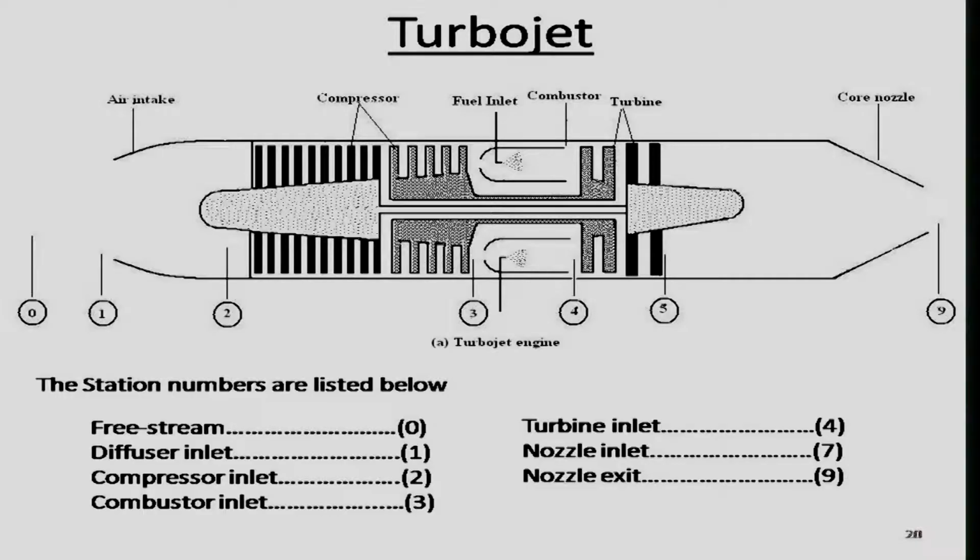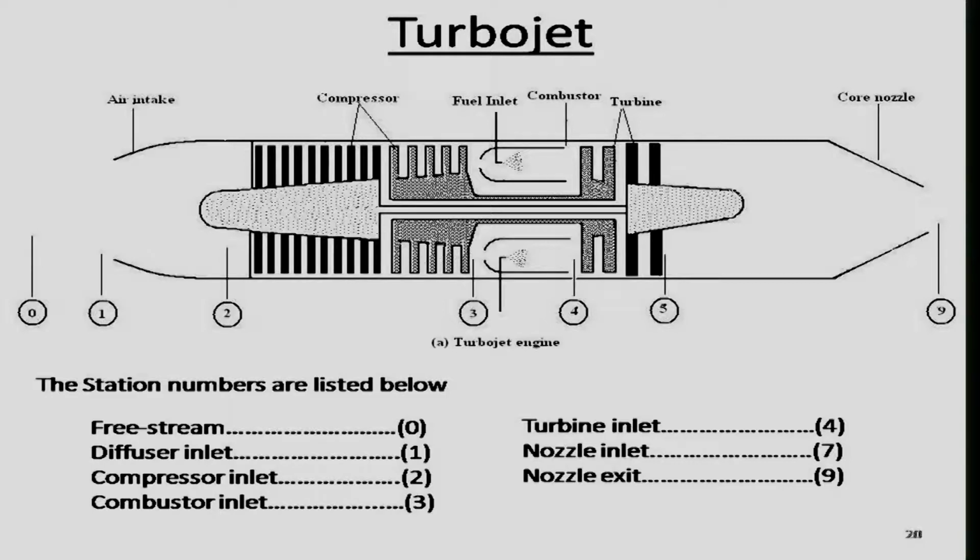So a turbojet engine is nothing but similar to the ramjet engine with turbomachinery. There is a compression, and to run the compressor we need the turbine. Keep in mind that the work obtained by the turbine is just meant to run the compression.